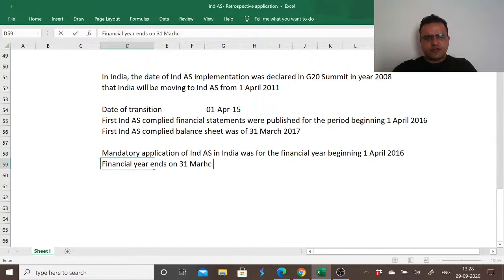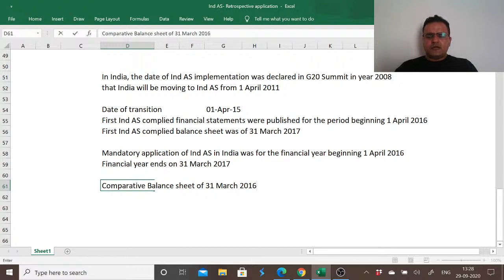So if it is ending on 31st March 2017, the first Ind AS compliant balance sheet is of 31st March 17. Now according to Ind AS 1 presentation of financial statements, if we are publishing the balance sheet of 31st March 17, we need to publish the comparative balance sheet of 31st March 16. Now according to Ind AS 101 first time adoption of Ind AS, or even if we look at the change in accounting policy requirement, we are required to publish one more additional balance sheet of the beginning of the earliest period presented.